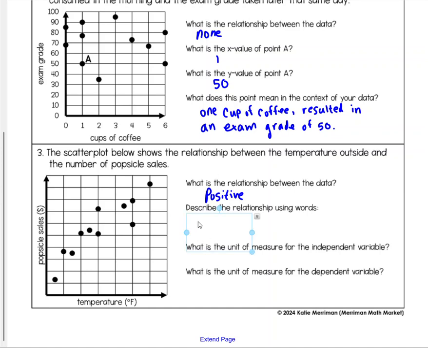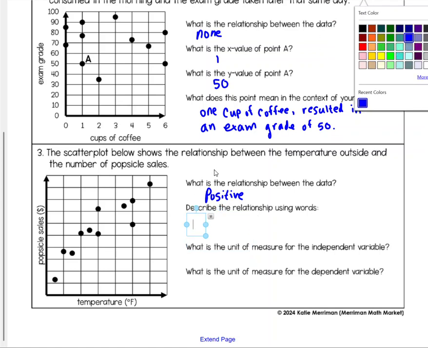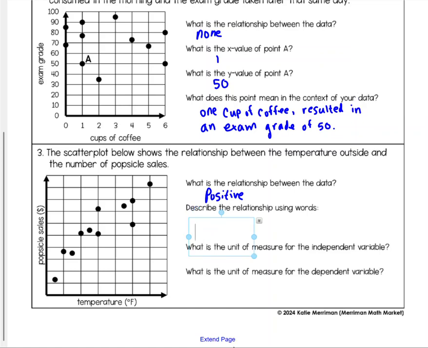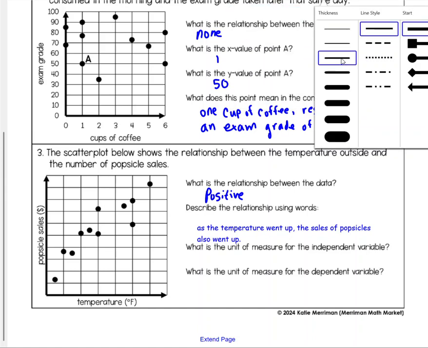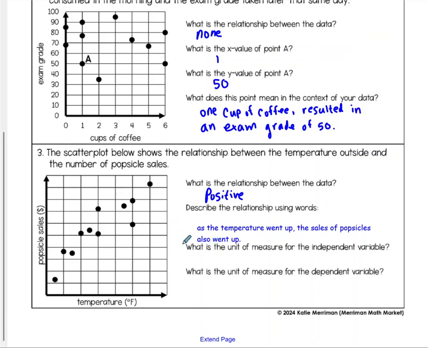Basically, it's saying that as the temperature went up, the sales of the popsicle also went up.